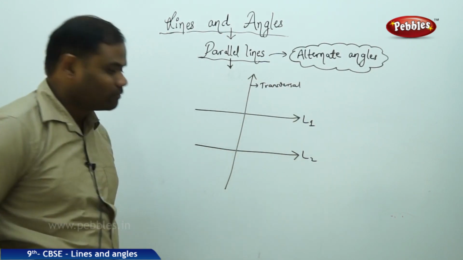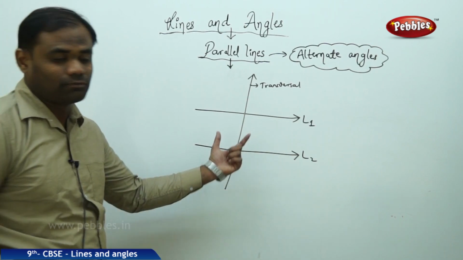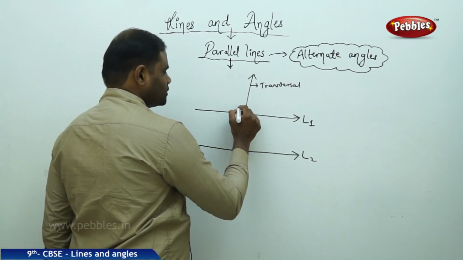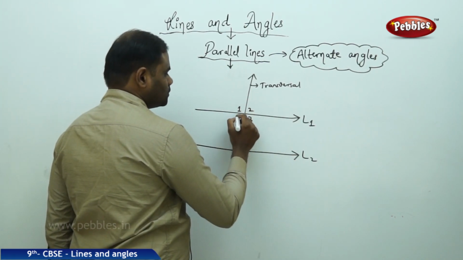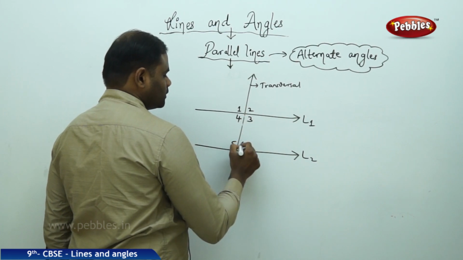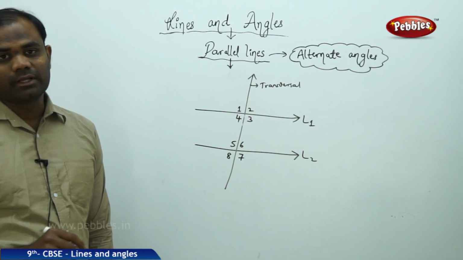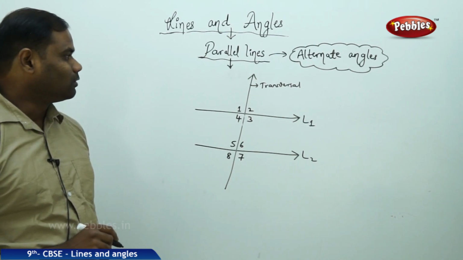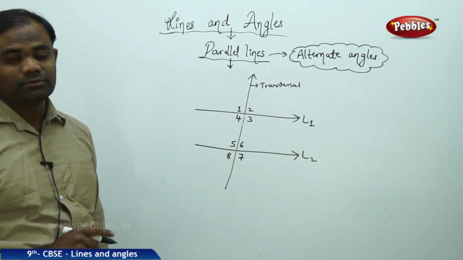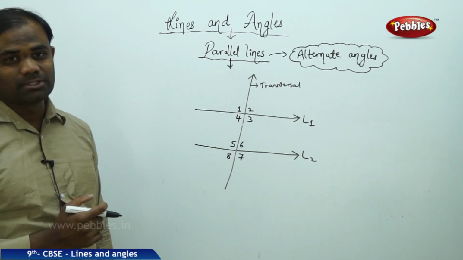Then we know that there are 8 angles formed with L1 and L2, which are 1, 2, 3, 4, 5, 6, 7 and 8.